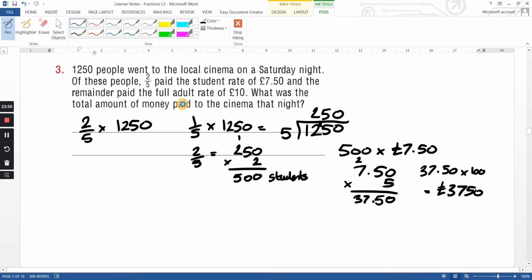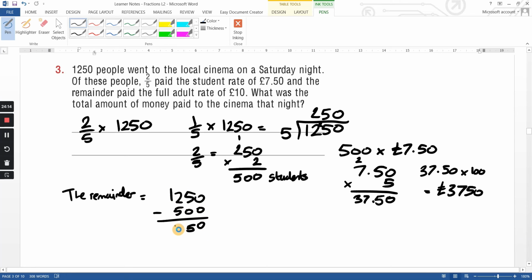And then for the adults, that's going to be the remainder. So what is the remainder? So I'm going to have to do total 1,250. Take away the 500 students. This should leave me with the adults.